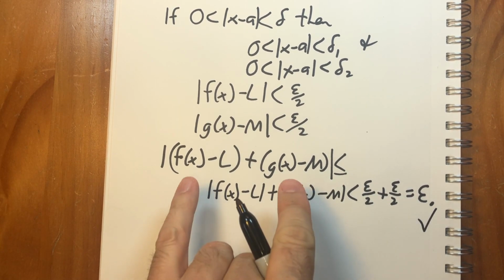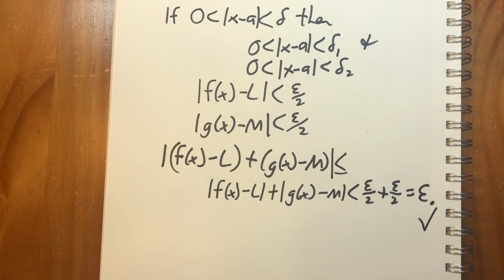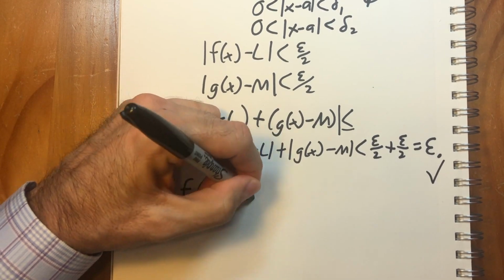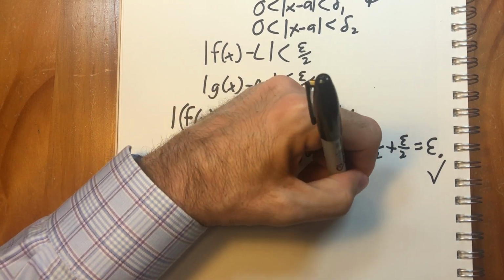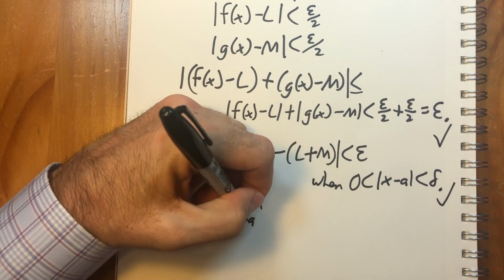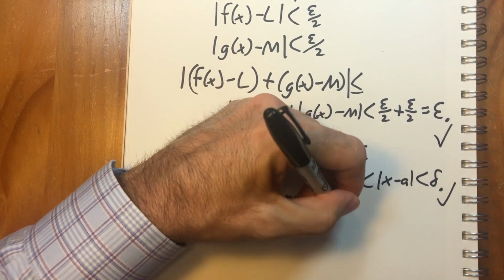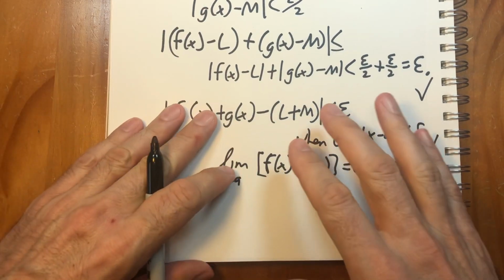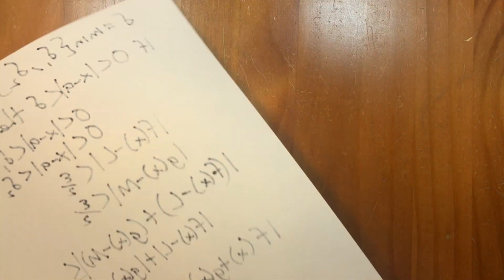So we've just shown that what we started with is less than epsilon when x minus a is less than delta. To summarize, we have that, by the definition of the limit, the limit of f of x plus g of x equals L plus m. Okay, that proves the summation law.